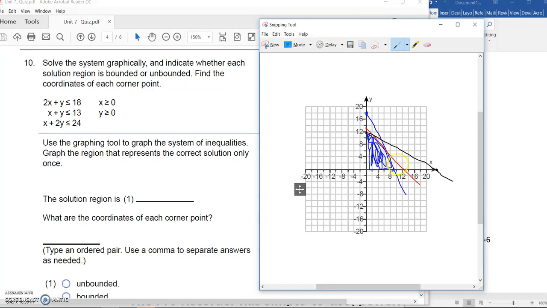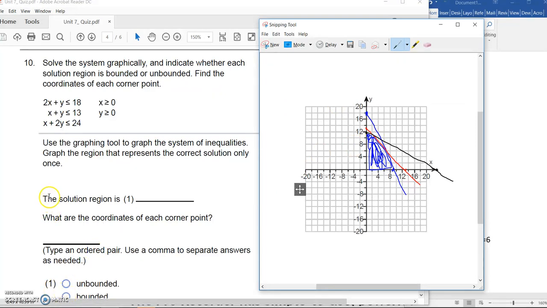So it's not including this little piece, because that would not be the intersection of all three, and not those other pieces. So this is the solution, and clearly this is bounded, so you would choose bounded for the first question.